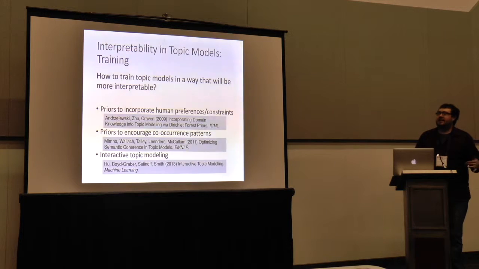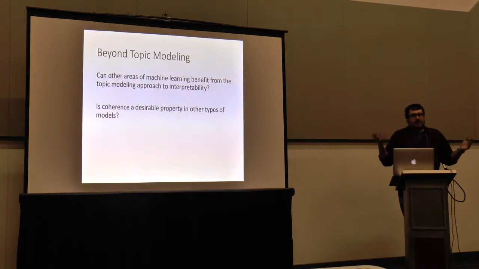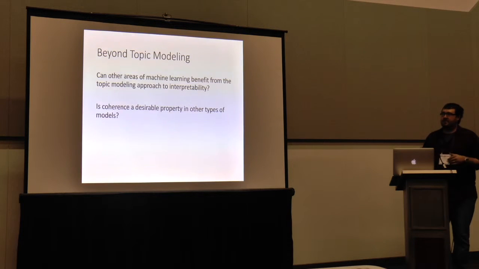And then finally, as was discussed in the panel this morning, there are interactive approaches to topic modeling, where by having a human in the loop, you can train the topics in a way such that, of course, they are more interpretable to people. So that's a survey of the most common ways that interpretability is addressed in the area of topic modeling.